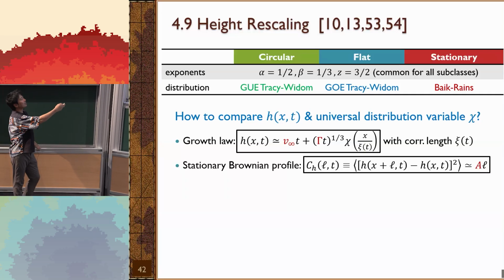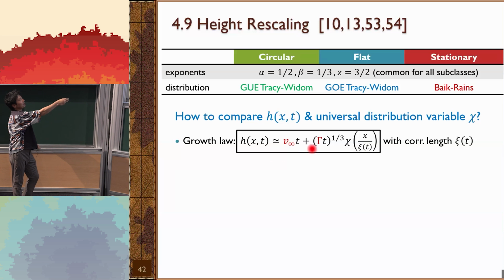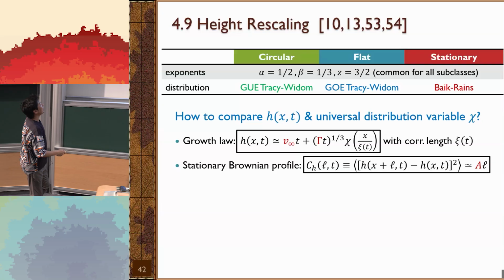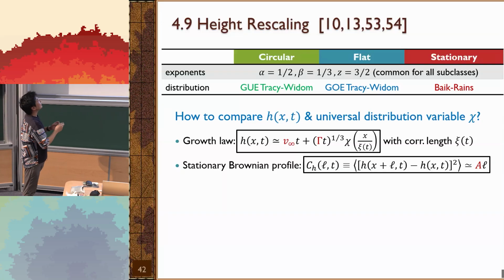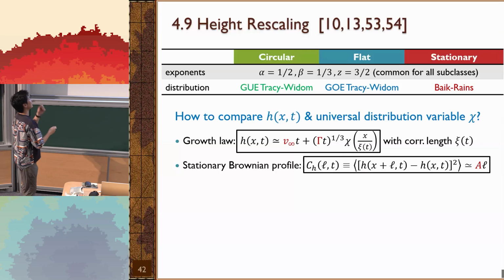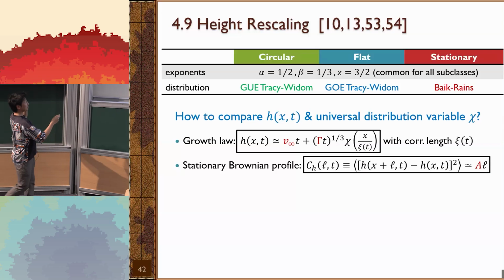So we have two scaling parameters which can be determined by plotting h against time. And another thing we need to obtain is some parameter that is used to rescale the correlation length, or space.